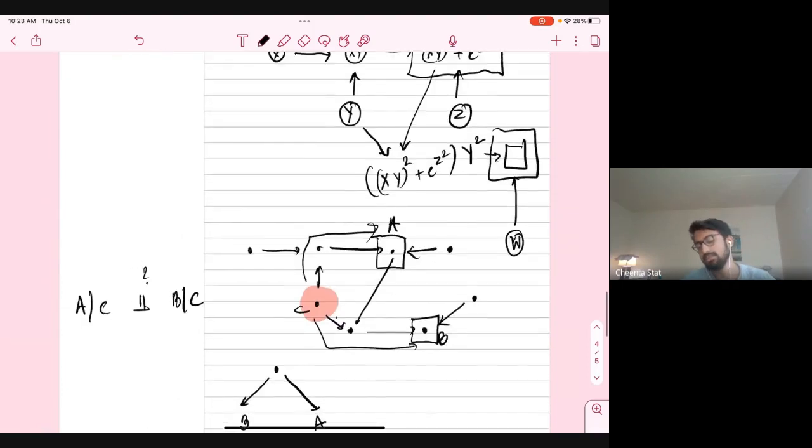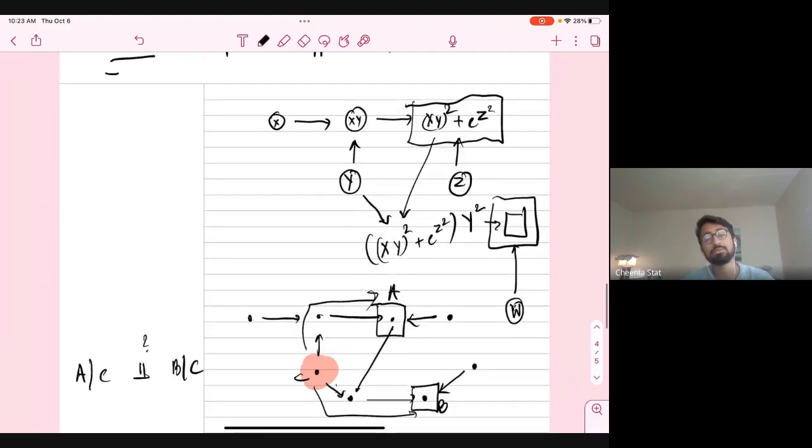Hence they must be independent. You see how beautiful independence is coming up without thinking anything. They can be complicated stuff. You see, they are really complicated stuff.